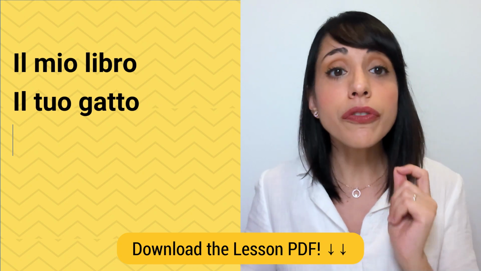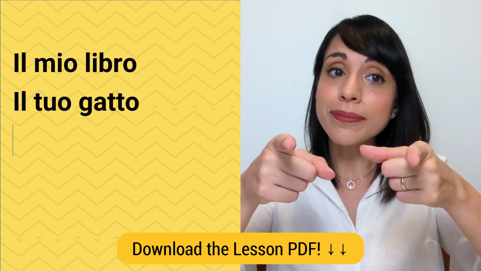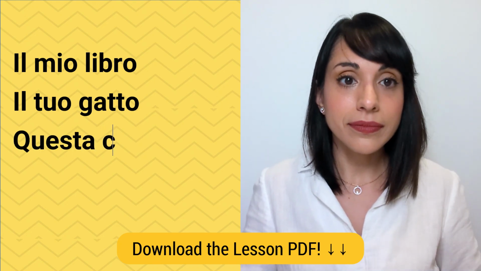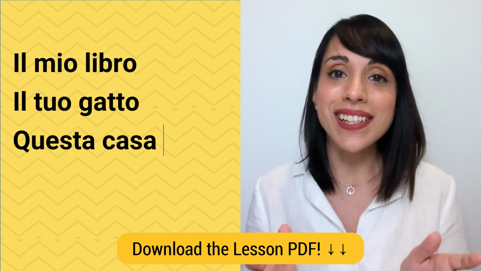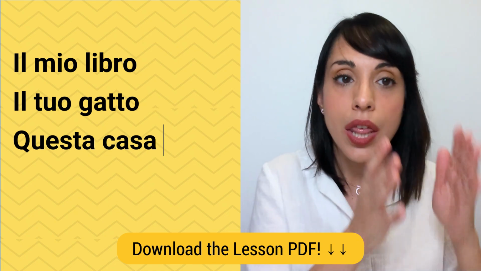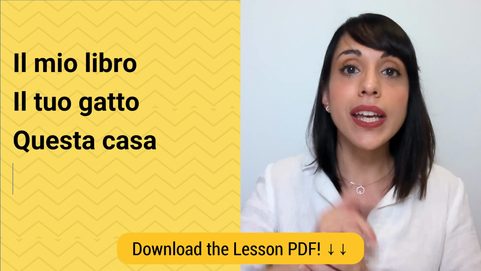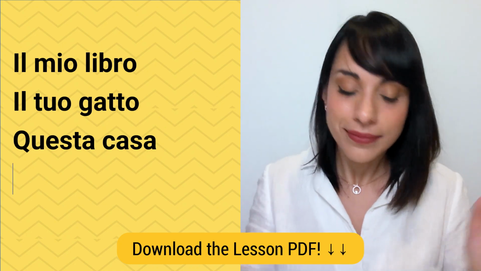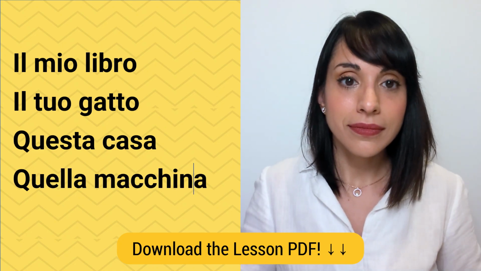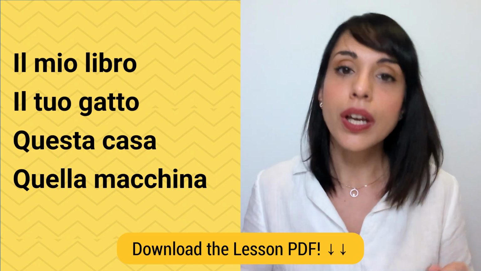So, for example, if we want to say this house, in Italian that will be questa casa. See, we place that exactly in the same place as in English. This house, questa casa. If you want to say that car, quella macchina. Va bene? Perfetto.